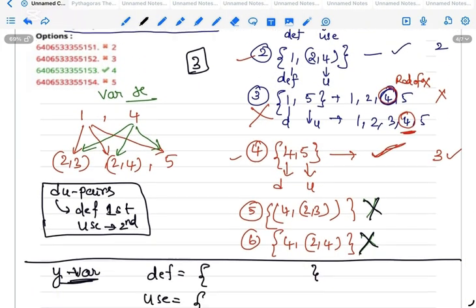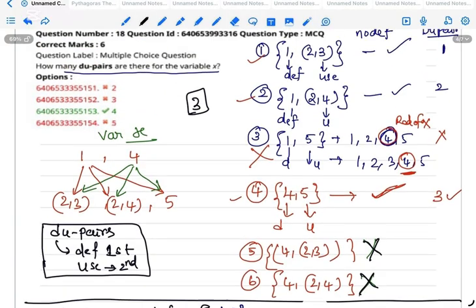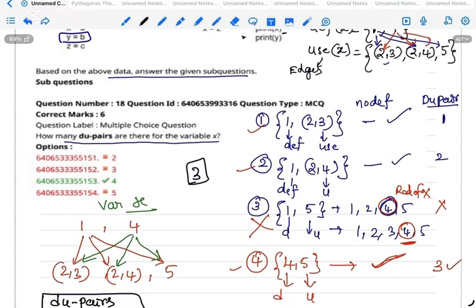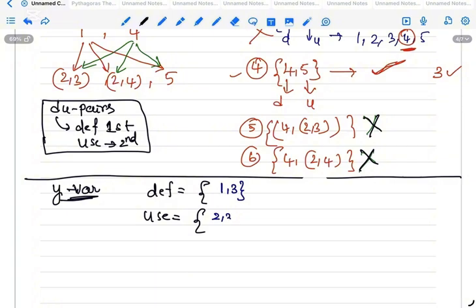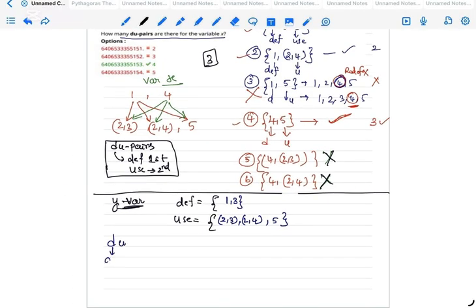The uses are on edge 2 to 3, edge 2 to 4, and at node 5, which is print y. These are the definition and use pairs.